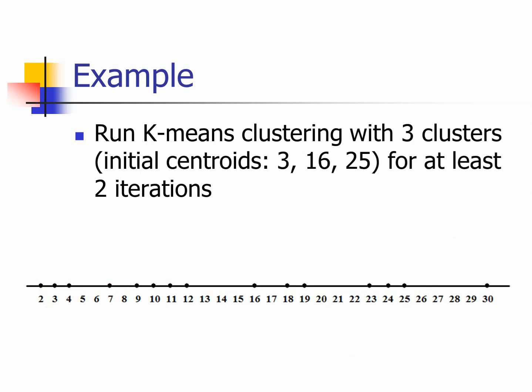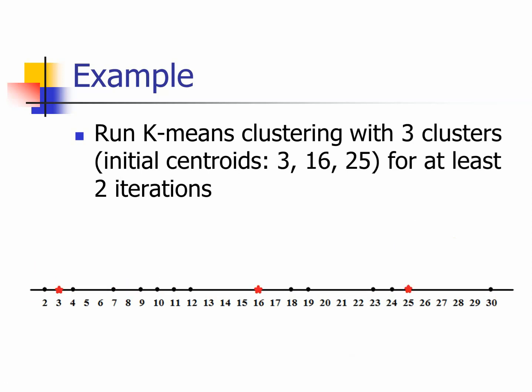Again, what's happening here is that the program will randomly select 3 points. Say we randomly select nodes 3, 16, and 25 as the initial centroids. What happens next is that for each point of the data set, say 2, we calculate the distance between 2 and 3, 2 and 16, 2 and 25, and then assign it to the closer one.